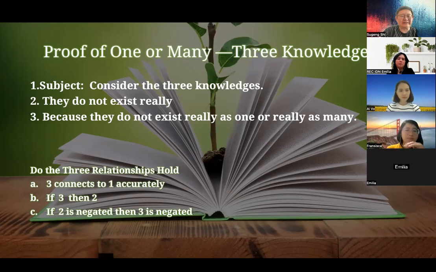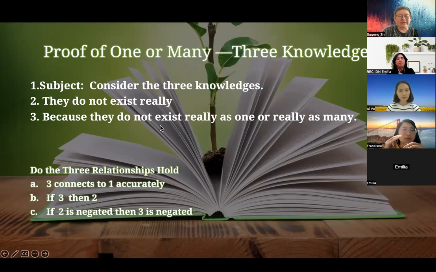To really exist, we can conclude, means they should be able to exist as one and they should be able to exist as many. But anyway, let's take a look. This is called the 3.5 elements. Actually, there is another component, the 4th one, which is the example.